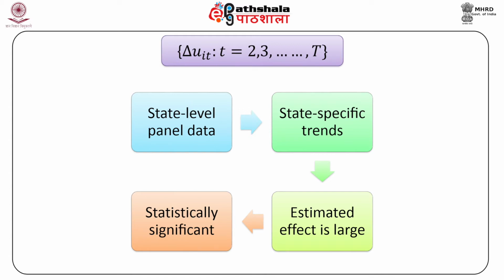The IPS t-bar statistic is written as the average of the individual ADF statistics: t-bar is equal to 1 upon N times the summation over i from 1 to N of t_pi, where t_pi is the individual t statistic for testing H0, that is pi equal to 0 for all i, when the lag order is always 0.